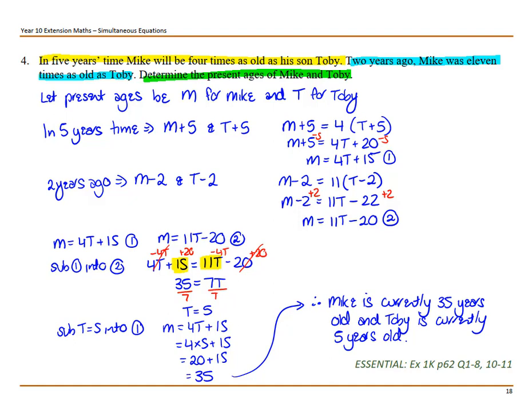So we substituted into equation 1 to find our M. So if we check using equation 2, which was M equals 11T minus 20, the right-hand side would be 11 times Toby, which is 5, minus 20. 11 times 5 is 55 minus 20, which is 35. And that's our left-hand side because that's what Mike is. So we know that's correct.